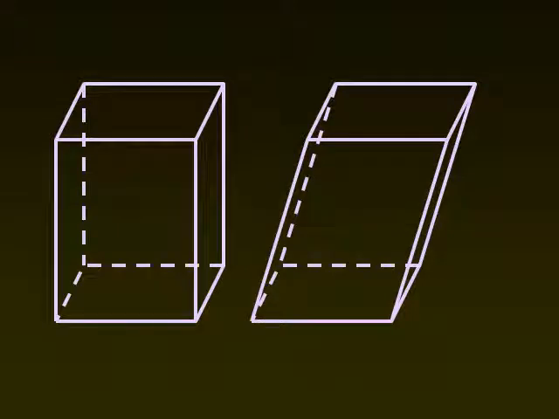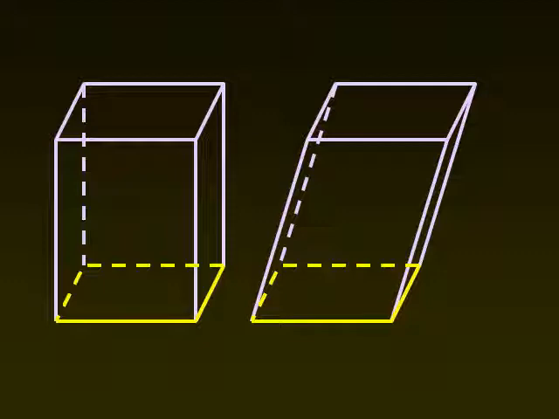Okay, so here are two rectangular prisms. The one on the left is a right rectangular prism. It stands upright. The angles are all right angles. But the one on the right is an oblique prism. So I want to take cross sections, and I'll give you an official definition of cross section in just a minute.